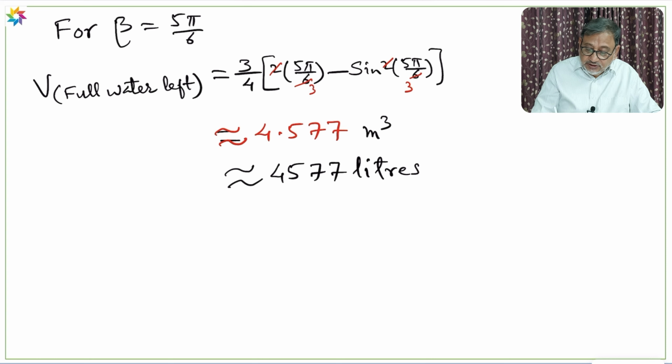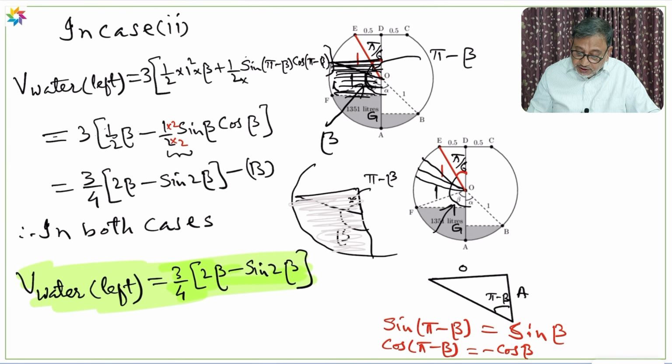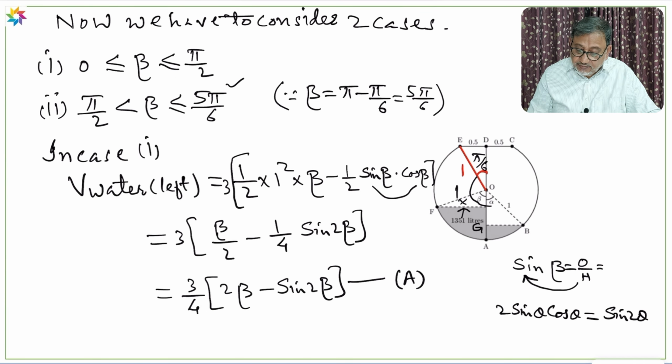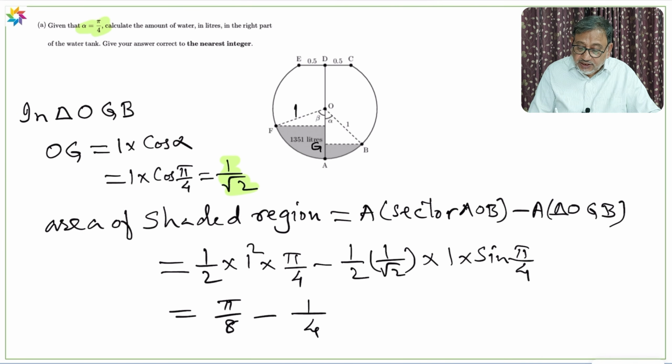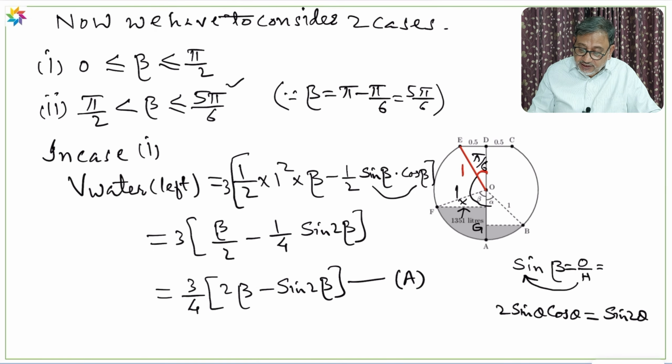So this is the answer. They wanted how much will be the full water, but this is not the answer. Initially there is some water. Look here, if I show you this original figure, initially 1351 was the water there already.